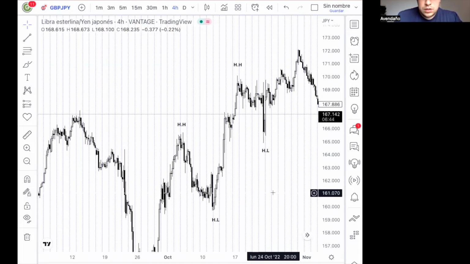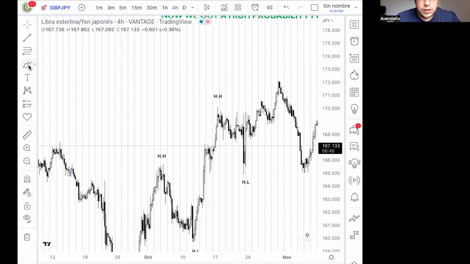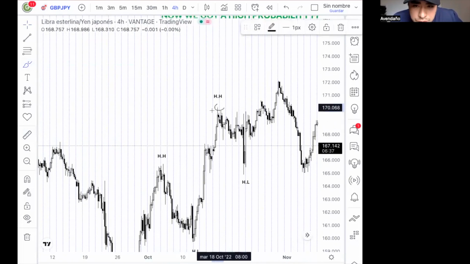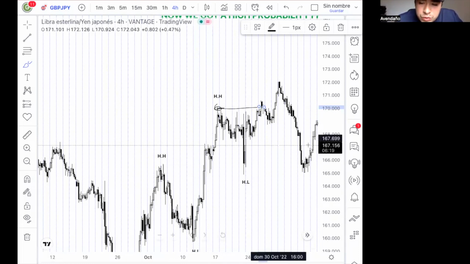Now let's apply the rules. Look for the previous structural point. In this case, this might be this structural point. Then look for the candle body structural break. I mean, this structural point needs to be broken by a candle body, as it did right here. And then we need to ask ourselves, where did the price come from to create the structural break?